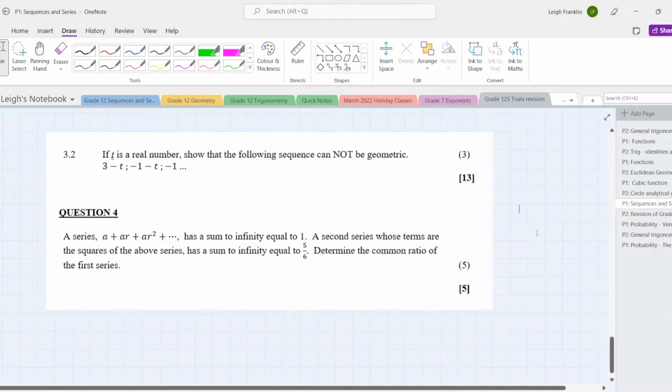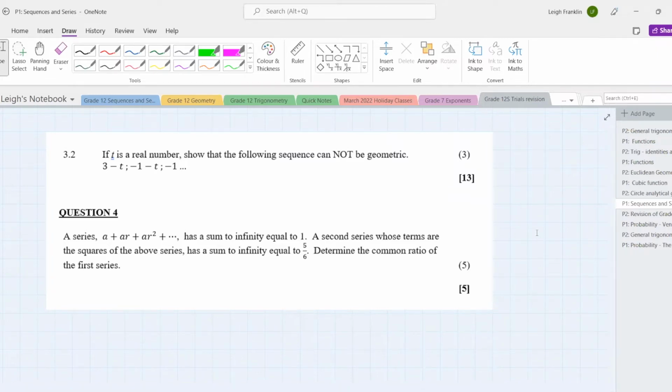How do we even start a question like that? So t is real, but the sequence is not geometric. How would we answer a question like that? What do you think we should do?